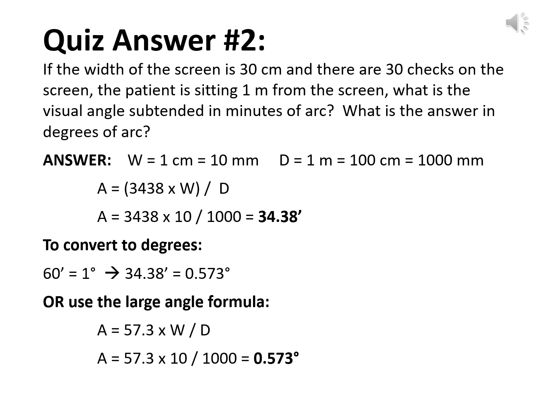The D, or distance variable: the patient is sitting 1 meter from the screen, so it's 1 meter, which is 100 centimeters or 1,000 millimeters. We'll start first with the small angle formula. Visual angle is equal to 3,438 times W divided by D. So it's 3,438 times 10, all divided by 1,000, equals 34.38 minutes.